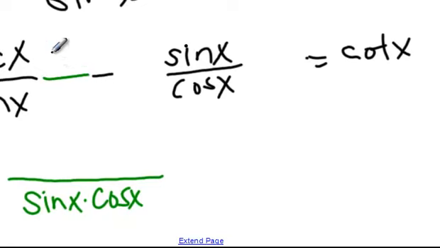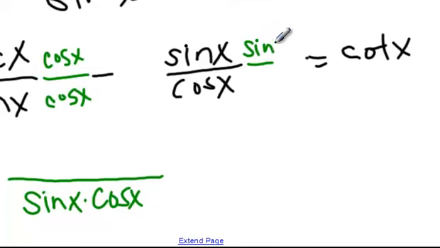So we know we want sine of x times cosine of x on the bottom. So what we're going to have to do is multiply to make that happen. So multiply by 1, which is cosine of x over cosine of x, and then sine of x over sine of x. Okay, that then gives us secant of x times cosecant of x.